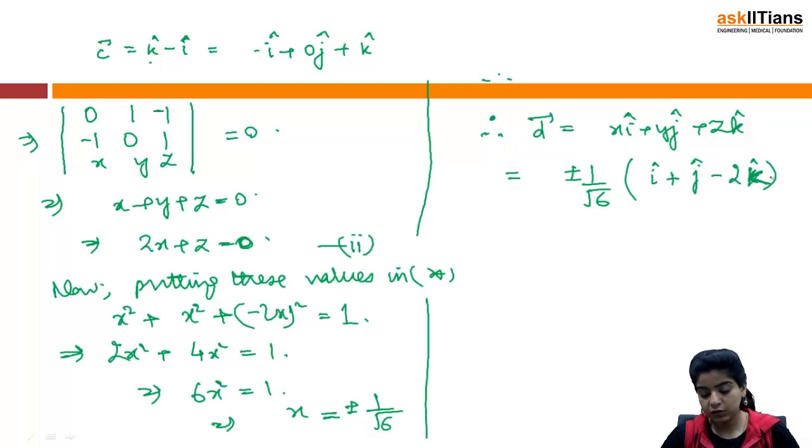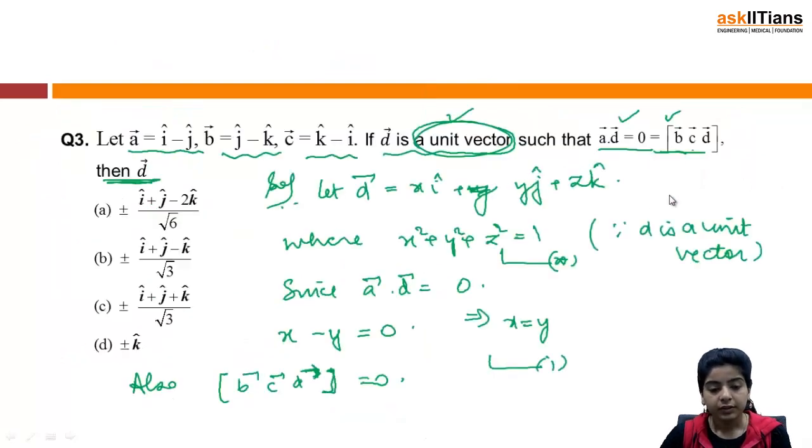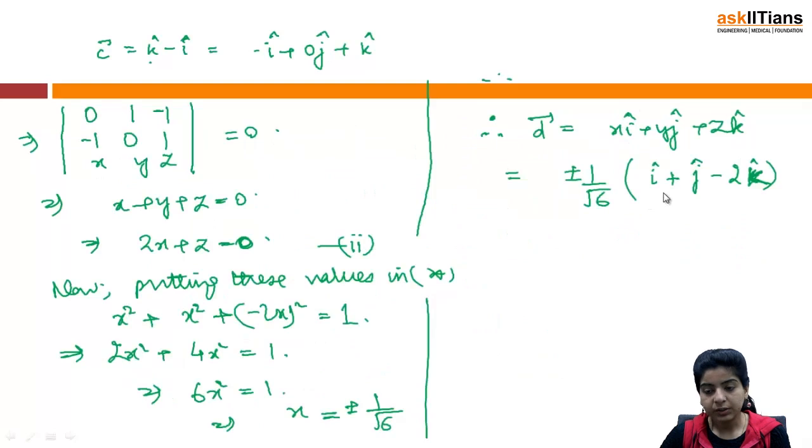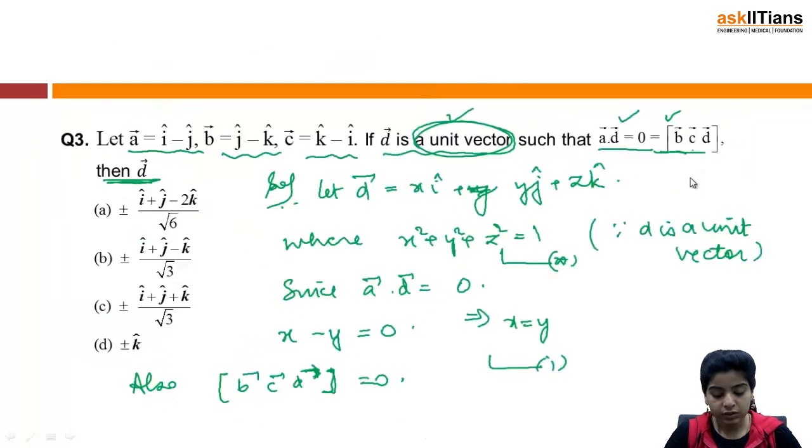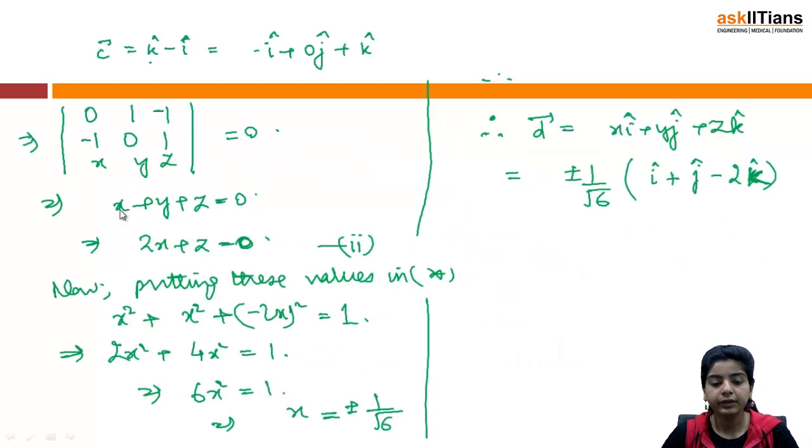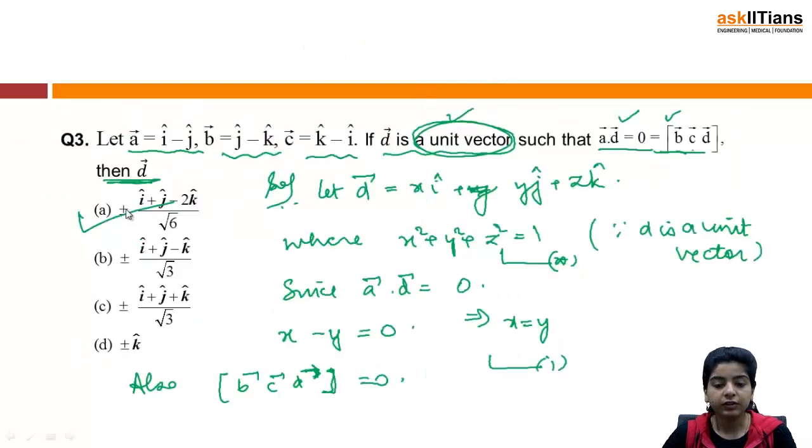Let us see which of the options matches. Plus minus i plus j minus 2k by under root 6. So this option is correct, right? So see, this was a very simple question, I would say, because we have just utilized the given conditions and we have just applied the rules, right?